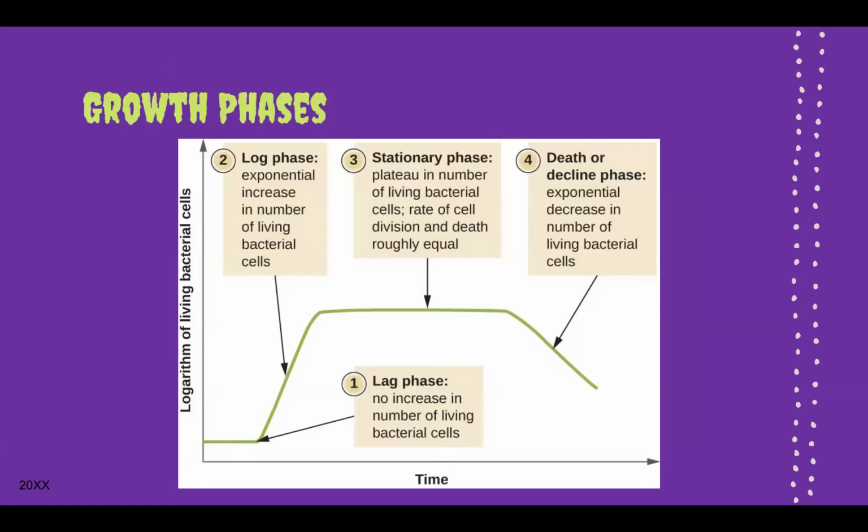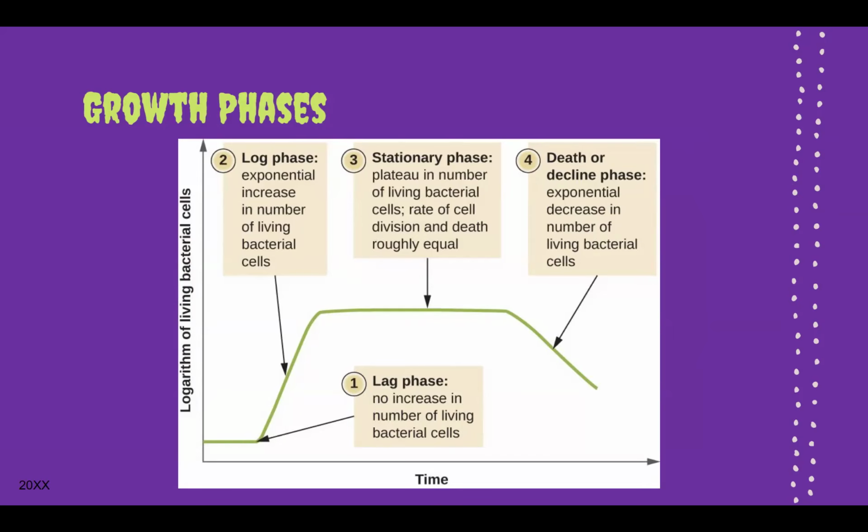So growth phases. Recall that microbes have certain phases for growth. Everything starts in the lag phase, where the number of bacterial cells is steady or stagnant. Then you'll get the log phase, where the microbe is able to quickly start using resources around it to grow exponentially. Think of E. coli, which can reproduce every 20 to 40 minutes.